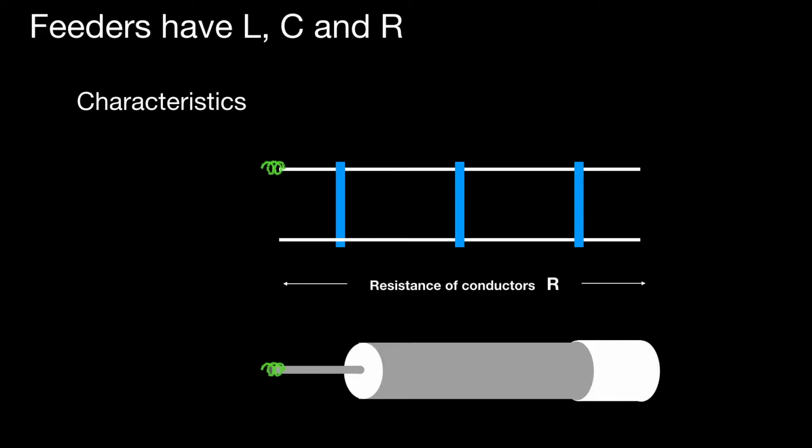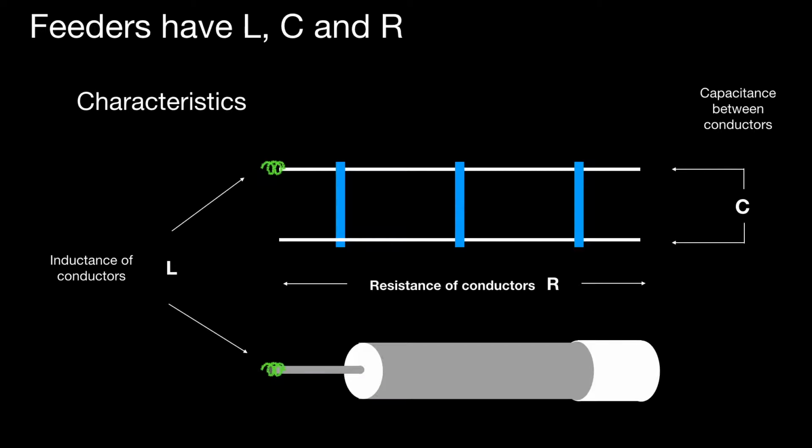The individual conductors have inductance. Any long length of wire has inductance, manifesting itself as self-inductance. And so that is one of the factors that we do take into consideration, the inductance of the conductors. And capacitance between the conductors. Again, if you have two long pieces of metal, albeit that they're wire, spaced apart, there will be capacitance between the conductors, and indeed in the unbalanced coax between the central conductor and the braid.